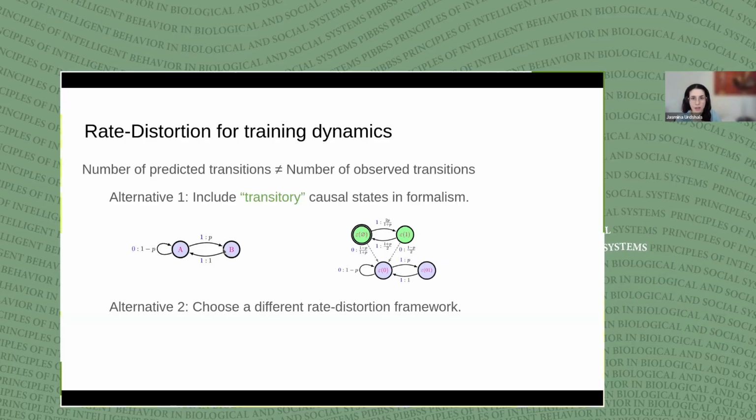In this very simple case. But if the first symbol that you observe is a 1, then you could be in state A, because state A can emit ones. State B can transition to state A with a 1, but you could also be in state B, because state A can transition to state B with a 1.